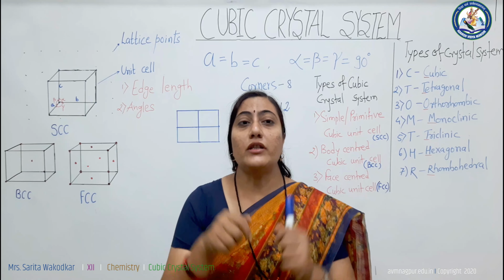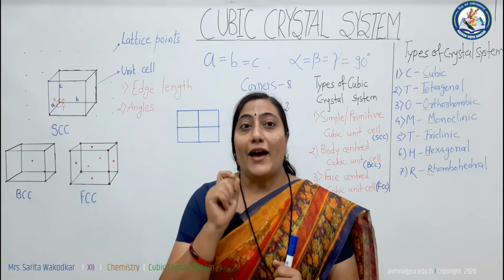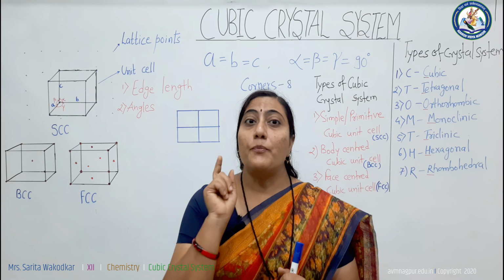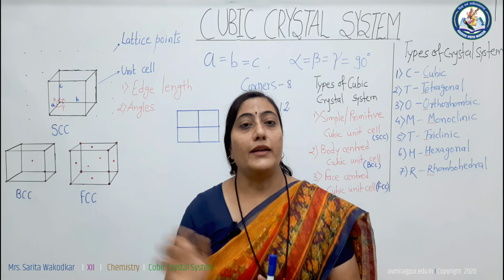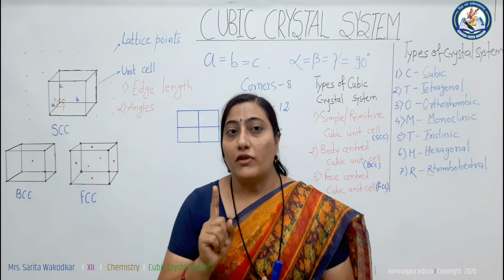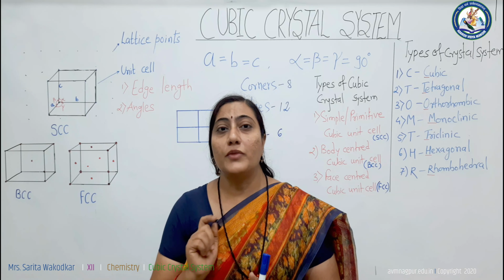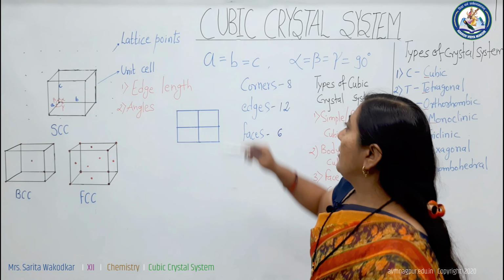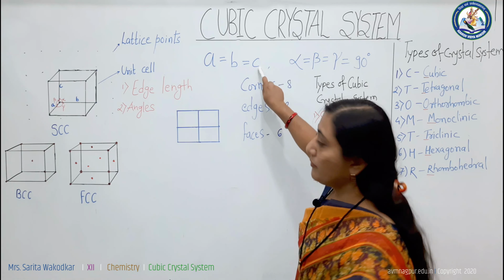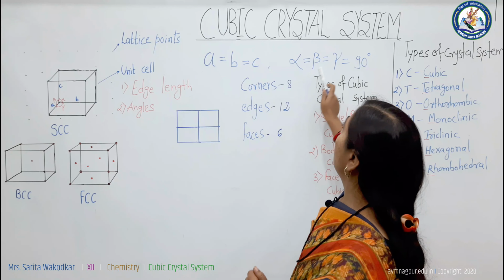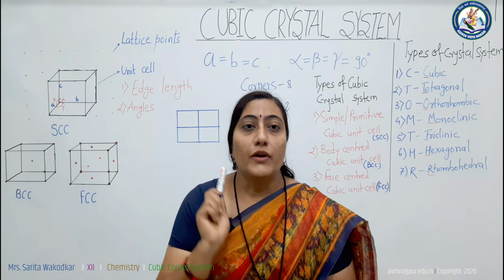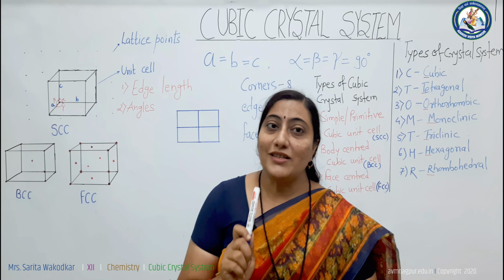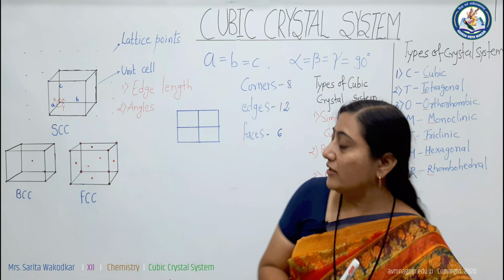The angles between them are perpendicular to each other, or 90 degrees. So what is the basic condition for cubic crystal system? All the three edges must be equal and the angles between them are perpendicular to each other. So this is cubic crystal system.